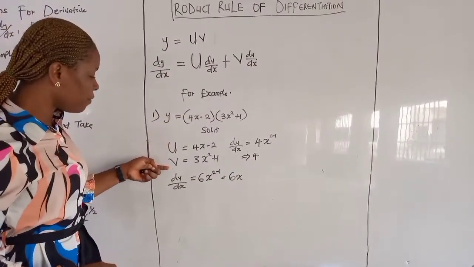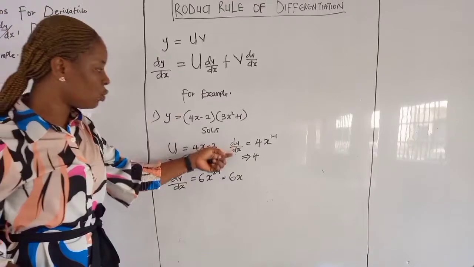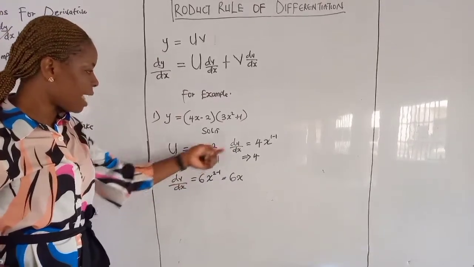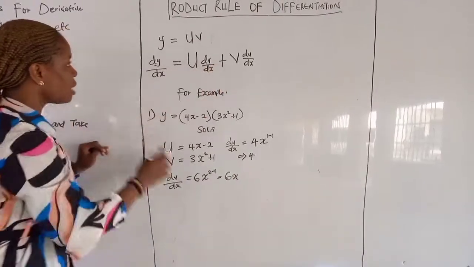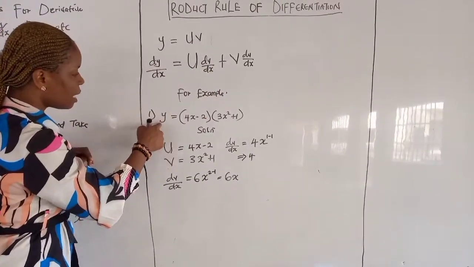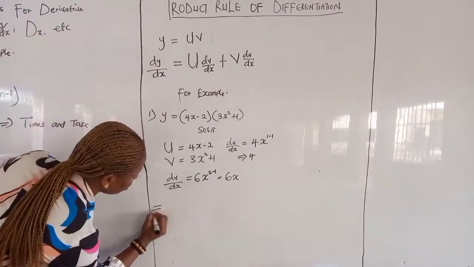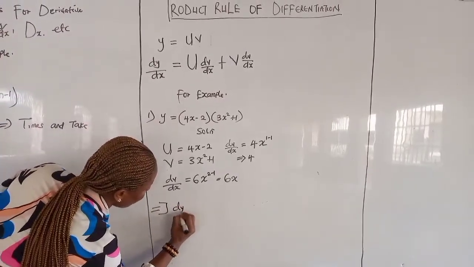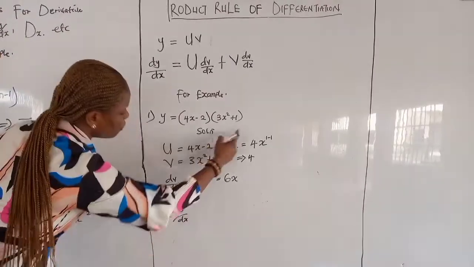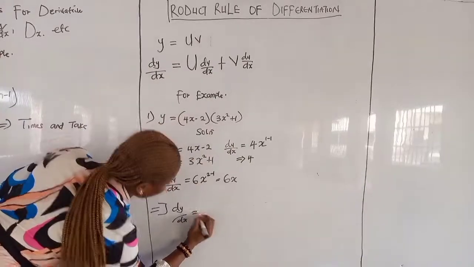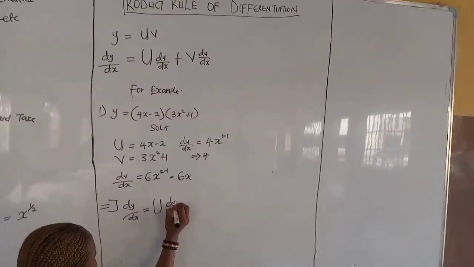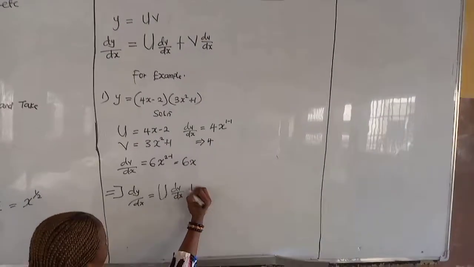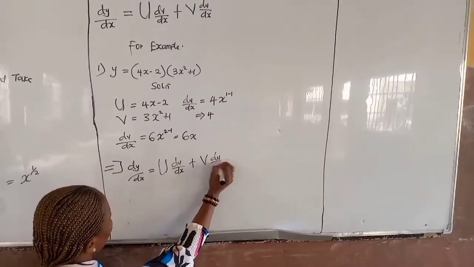Having u, v, du/dx and dv/dx, substitute all of them into this formula so that dy/dx of this function will now be u dv/dx plus v du/dx.